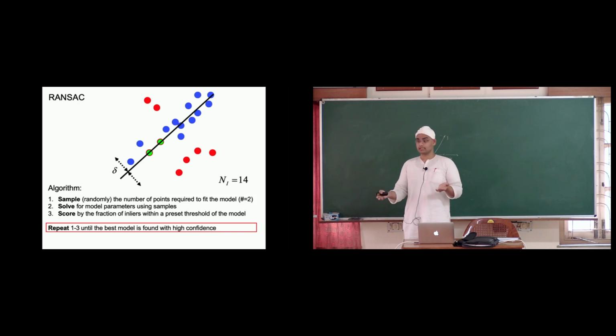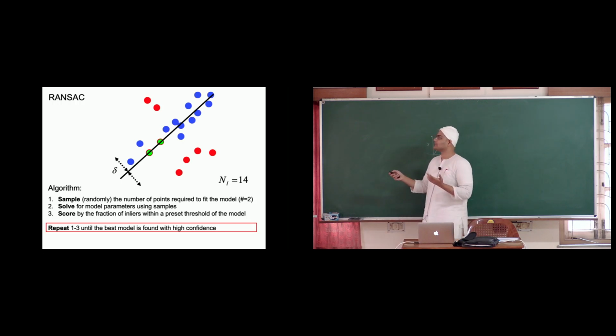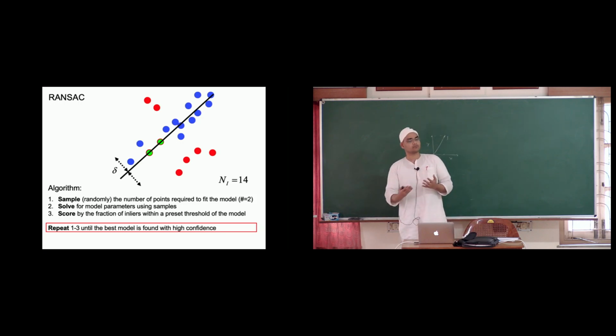Machine learning, whoever is taking, doesn't matter if you have not taken, but you know that it can work on any algorithm, any hyperplane, any polynomial fit, right? So that is the idea here also. We are just fitting the line for simplicity, and for the line I need to fit just two parameters. So that's the only thing I need to sample: the number of points required to fit the model. Based on the problem, this would change.